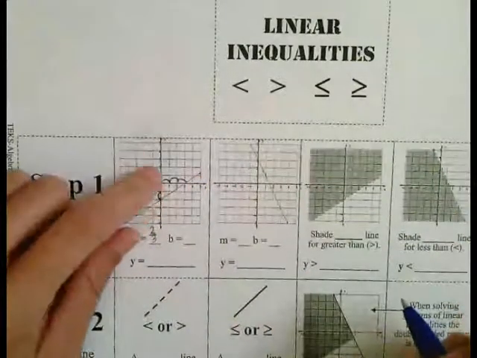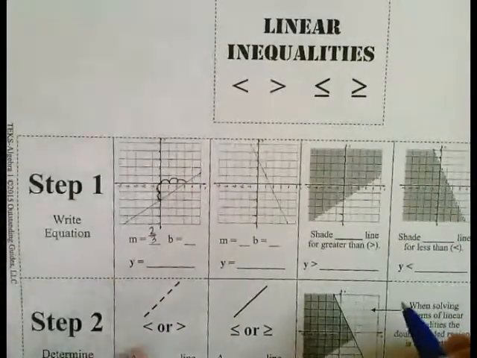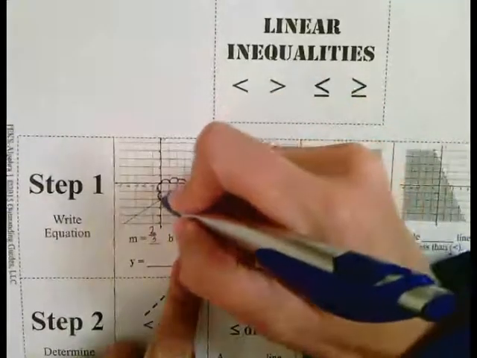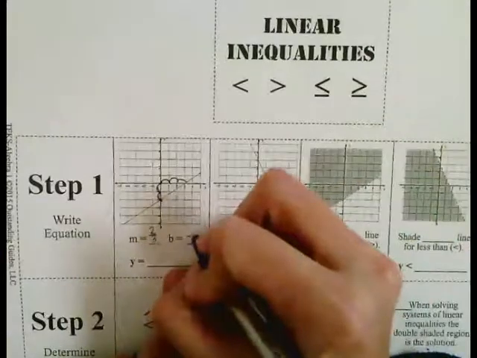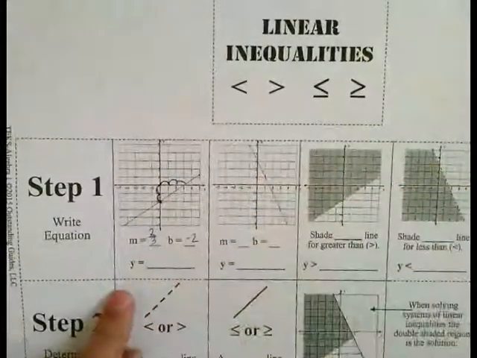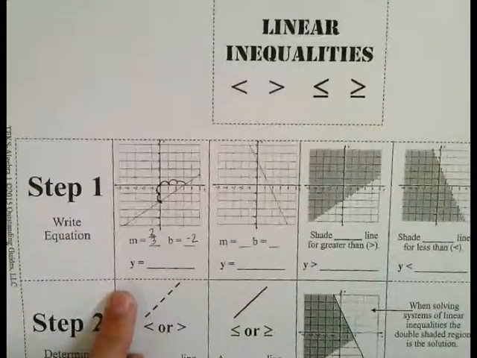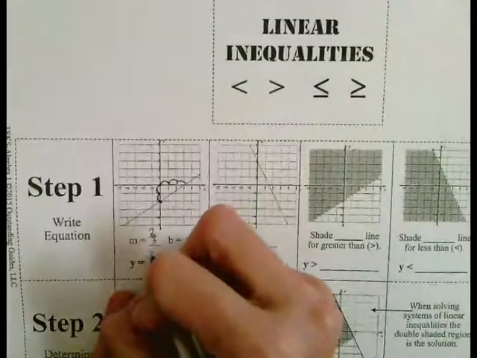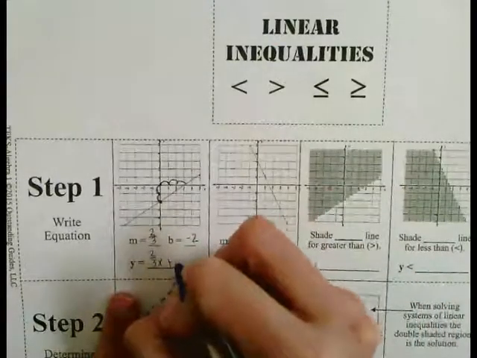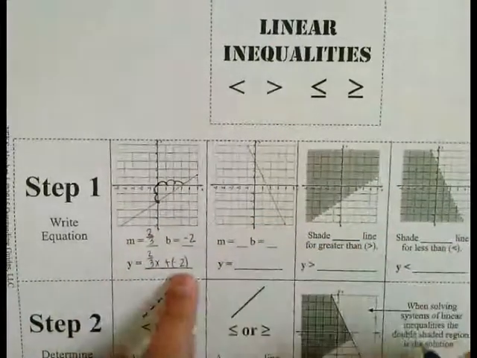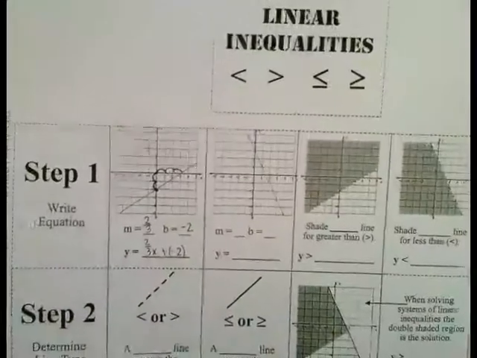So rise over run, 2 over 3. And then your y-intercept, right here where it intersects the y-axis, is at -2. So from this, you're able to write your linear function, which is y equals 2/3 x plus a -2, or you can just say minus 2.